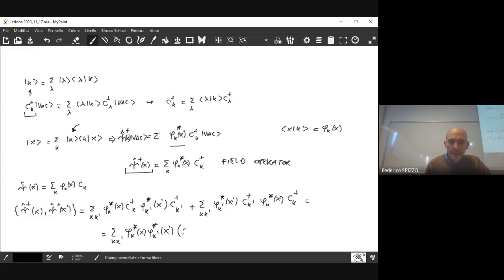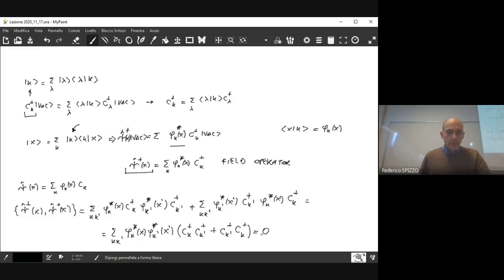And then we have C cross K, C cross K prime plus C cross K prime, C cross K. And this is exactly the anti-commutator of C cross K and C cross K prime, that is 0. So the final result here is that we have 0.